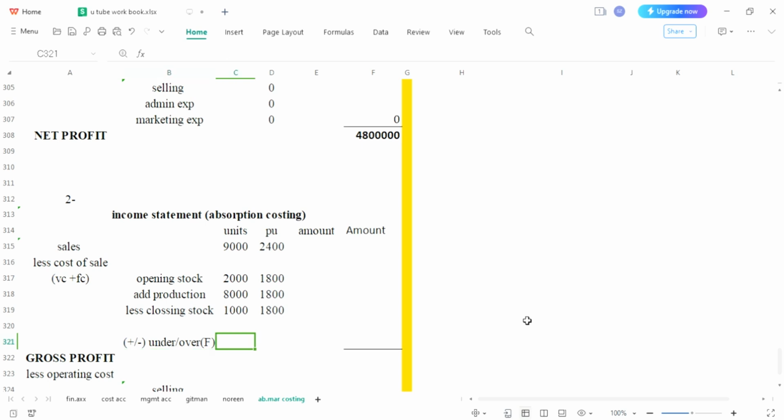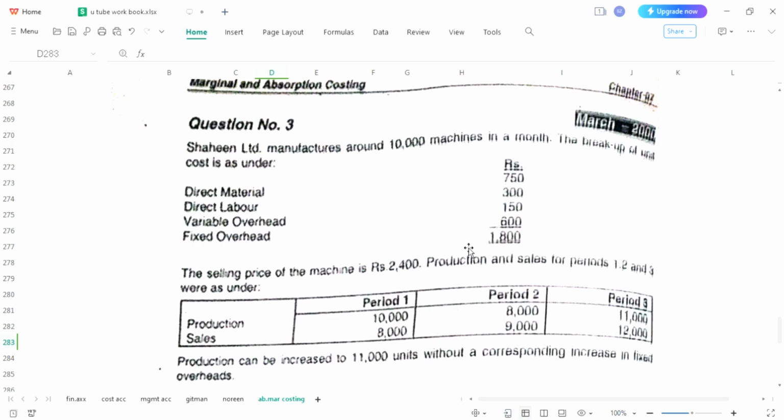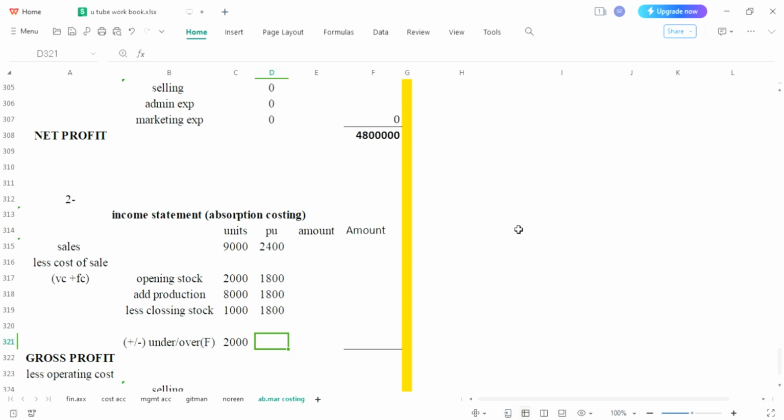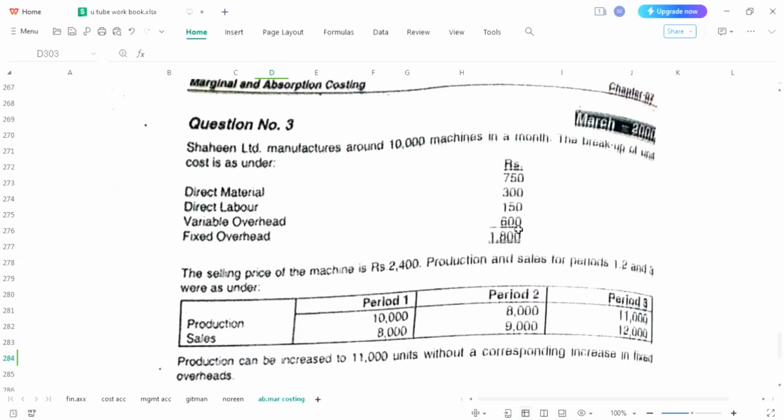Under production, it is under applied 2000, and since I have mentioned only fixed cost would be associated with under or over applied, here the per unit fixed cost will be mentioned. Fixed overhead is 600, so you will mention 600. Since you are doing it for the first time, please pay your attention.